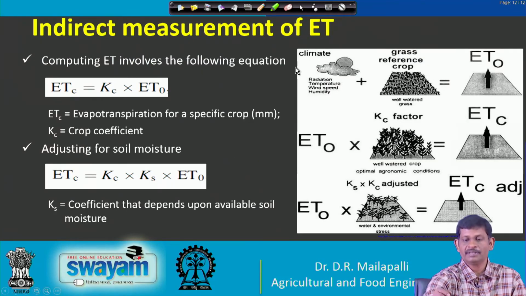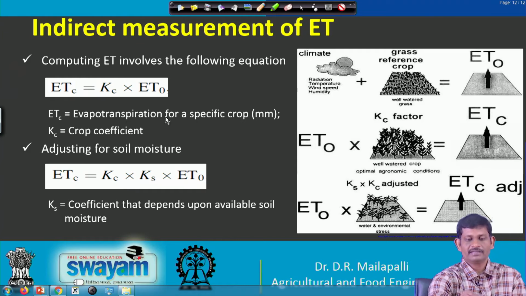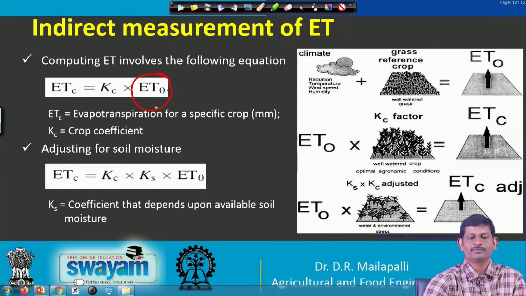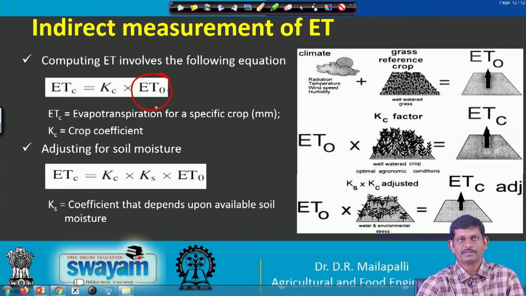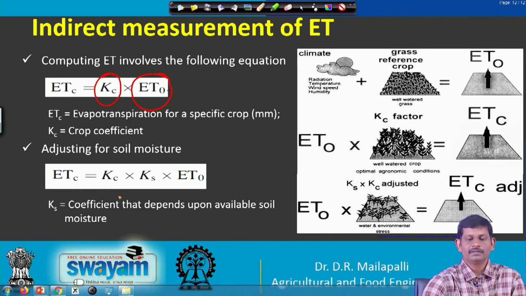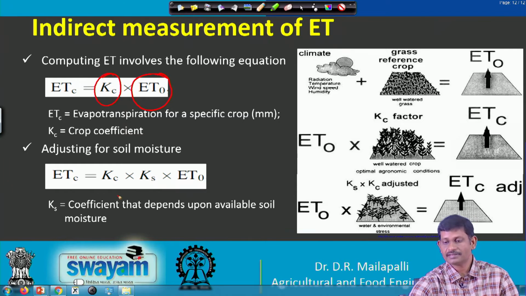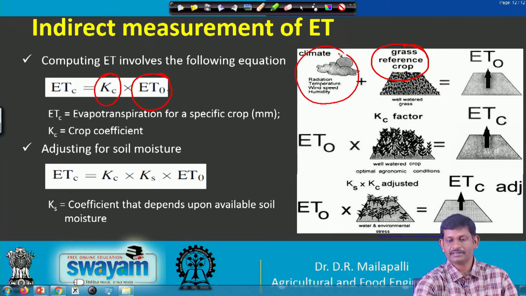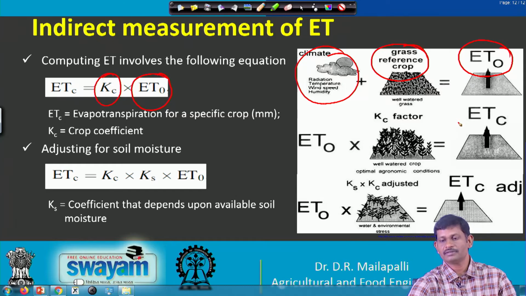Now, there are indirect methods. Just as I mentioned, we will mostly be using the reference evapotranspiration and multiplying it with a Kc value. If you see the picture, for the reference crop under climatic factors, whatever evapotranspiration you observe will be the reference evapotranspiration.